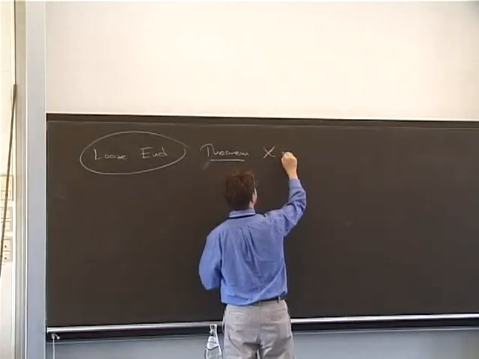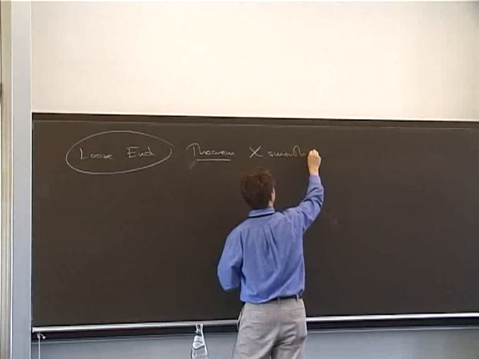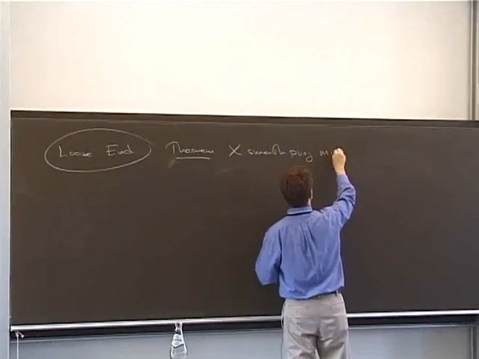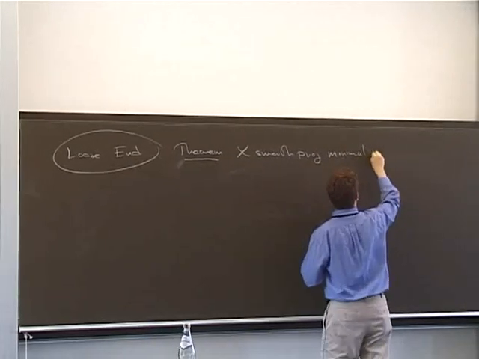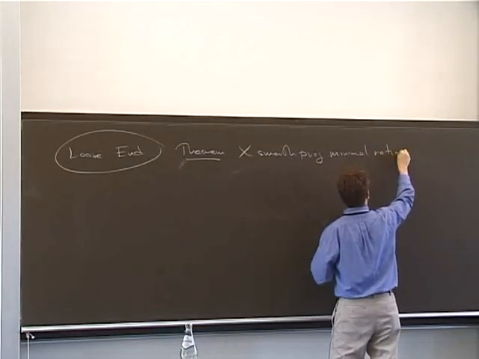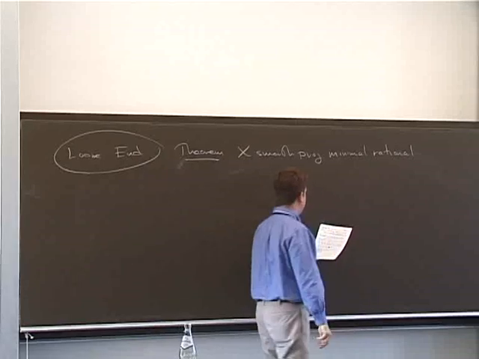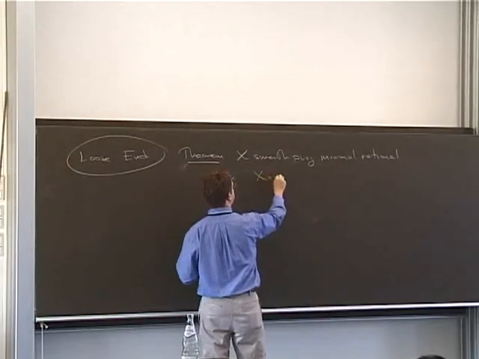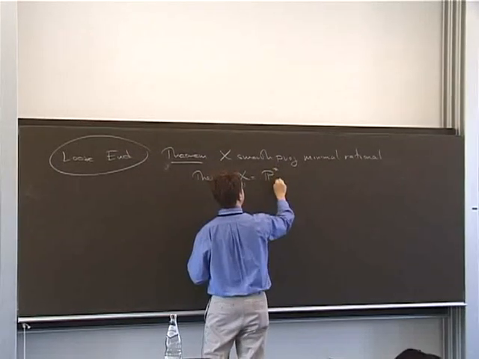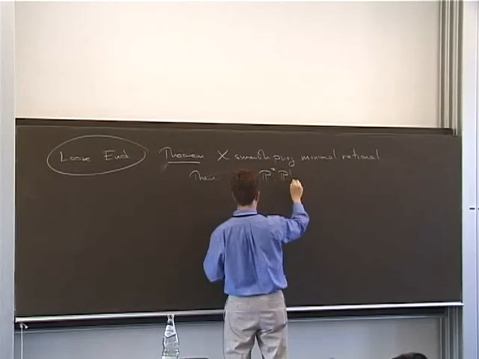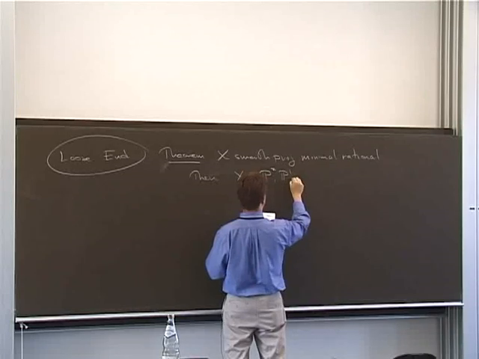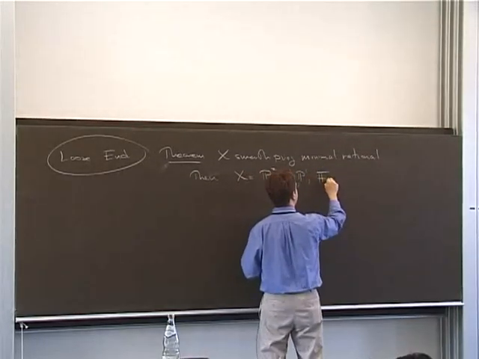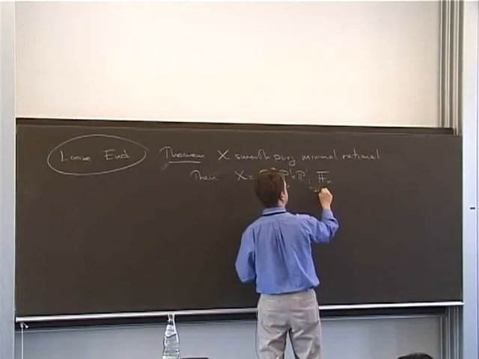If X is smooth, projective, minimal, and rational, then X is one of the following: P2, P1 cross P1, or Fn. This is usually called the Hirzebruch surface.